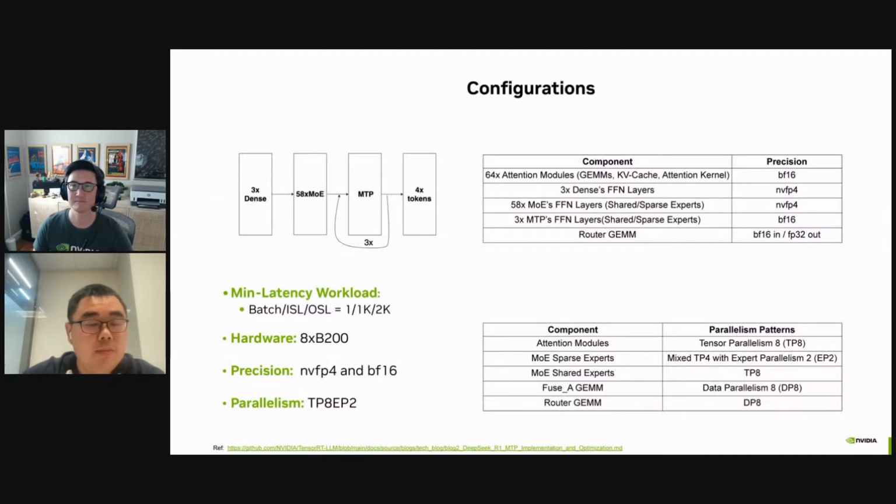In this slide, we have shown a simple layer-wise diagram of the DeepSeek R1 model. For the main model, there are 3 dense layers and 58 MOE layers. And besides the main model, DeepSeek R1's checkpoint has provided an MTP layer weight.